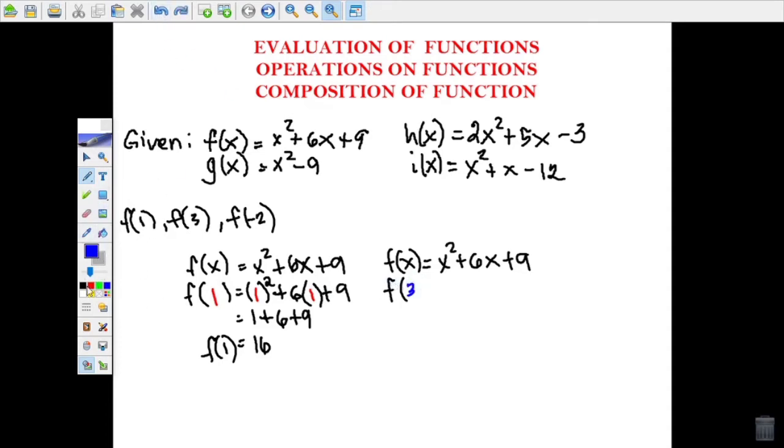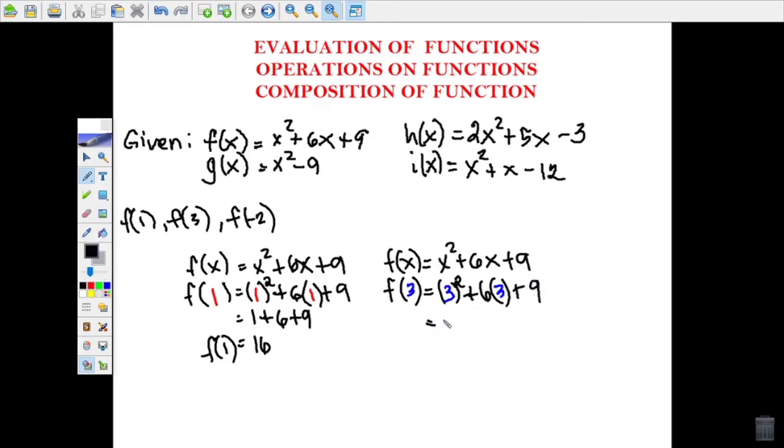So, ang gagawin natin dyan is to substitute the value of x, which is 3. Palitan ko si x, 3, pero may squared pa, kasi x squared yan. So, it should be 3 squared plus 6 times, ang x ulit, this time ay 3. So, 6 times 3, okay, plus 9.